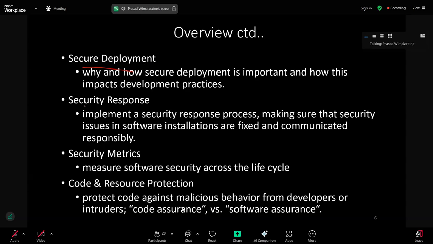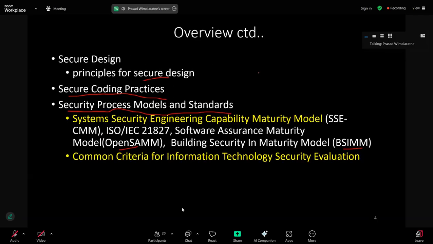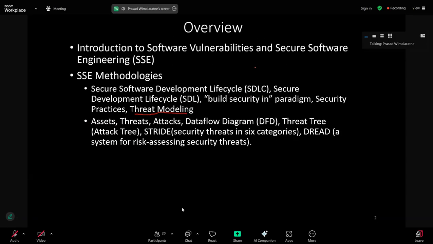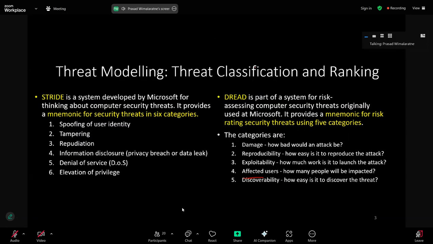And security response or incident response is, of course, the processes we need to look at very quickly when there's a security breach. And security metrics and code and resource protection is another area we will be looking at. This is indicative content, a high-level picture of what we'll be learning.